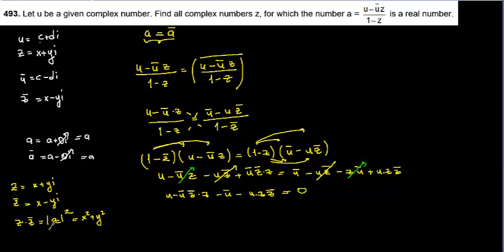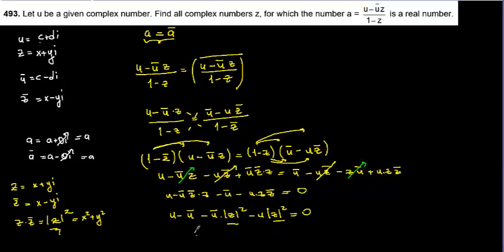So I'm going to use this in the equation, so it's going to be like this. Z times z conjugate, I have u minus u conjugate minus u conjugate times z modulus square minus u times z modulus square again is equal to 0. So I have z modulus square in both expressions.